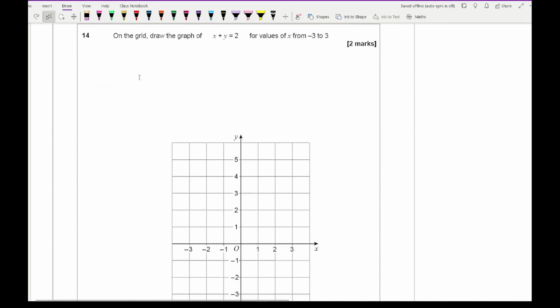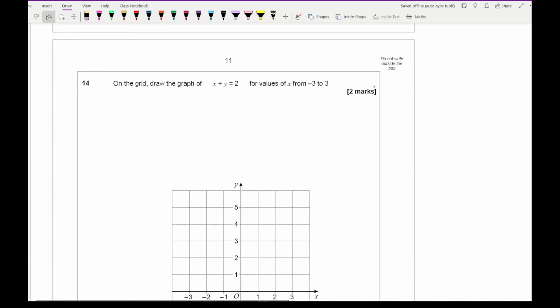Then with question 14, it says on the grid, draw the graph of x plus y equals 2 for the values of -3 to 3. So for this, what we need to do is just make up 2 numbers for x. So if we pick 2 smallish numbers, so let's go for x equals 0 and x equals 1. So what plus 0 gives you 2? Well, y must equal 2.